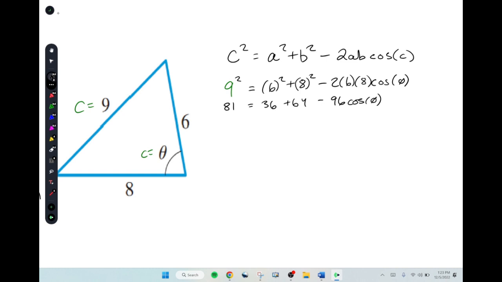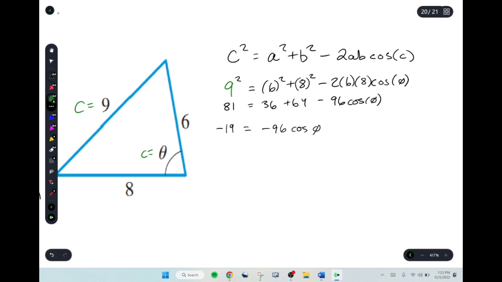I guess that's okay. 81 minus 36 minus 64. Yeah, I just got that too. Negative 19 equals negative 96 cosine theta.